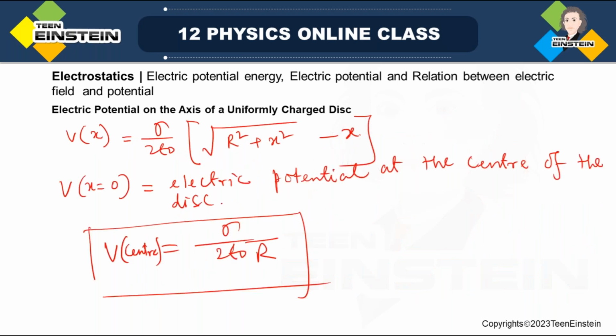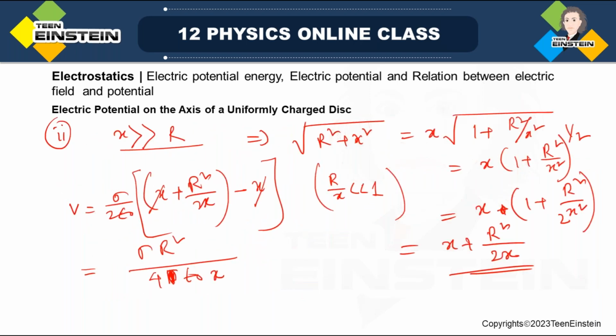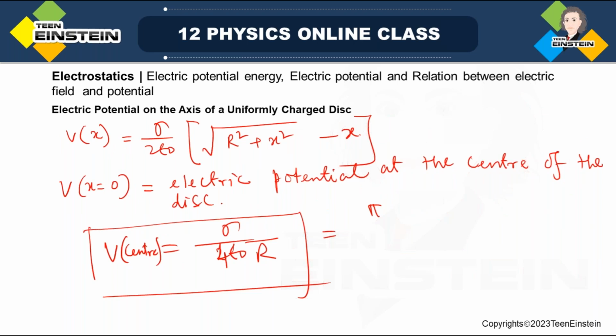Okay, so we have sigma, right? We want to write in terms of charge, so pi r square. Sigma by 2 epsilon, we can just multiply pi r square sigma.